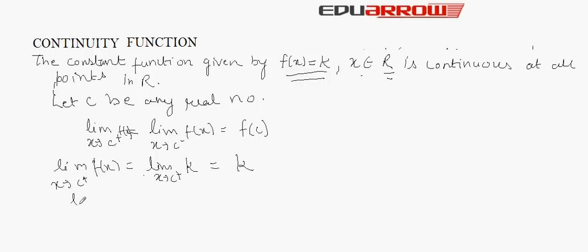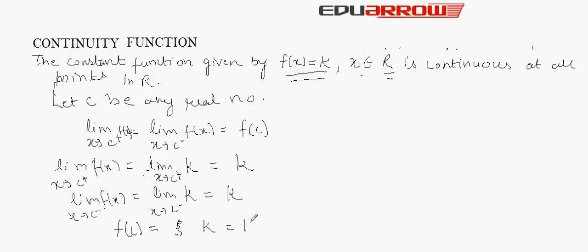Similarly, if we find limit x tends to c negative of f(x), it will also come out to be the constant k. Now we have to find f of c. It will come out that f of c is equal to k.